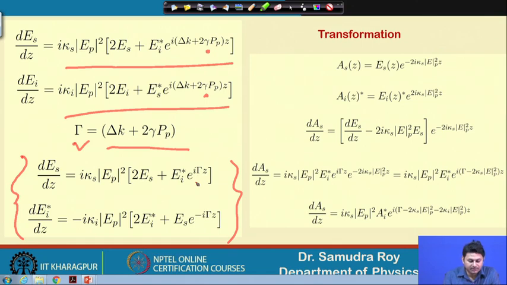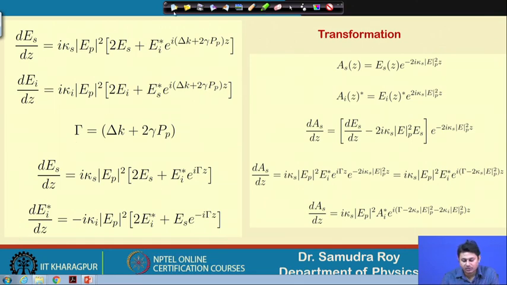So, in order to solve this coupled equation, we are going to have some sort of transformation. The transformation is that I write two new variables, AS(z) and AI(z) star. Why do I take AI(z) star? Because in those two coupled equations you can see that in one case it is ES, but in another case it is EI star.